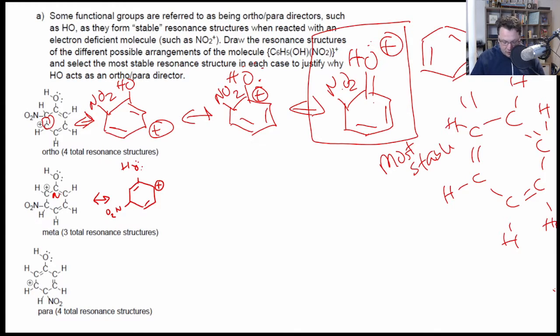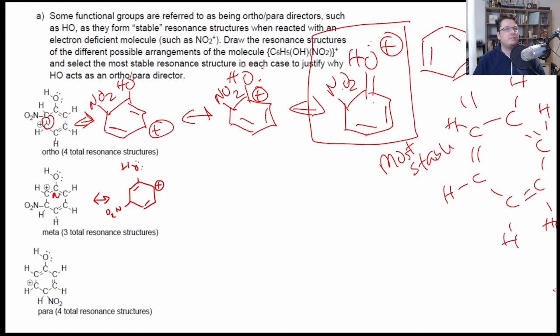Now, one thing that you may be thinking is, wait a second, can't I take that lone pair and move that over to down here? No, you can't, right? That's too far a distance for that lone pair to travel. That lone pair is always only going to move from an atom into a double bond. And same thing with double bonds, right?